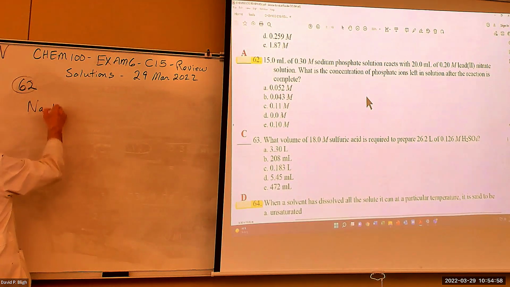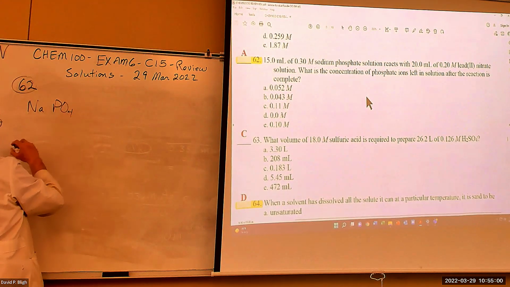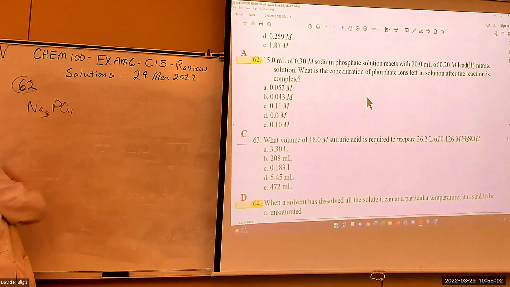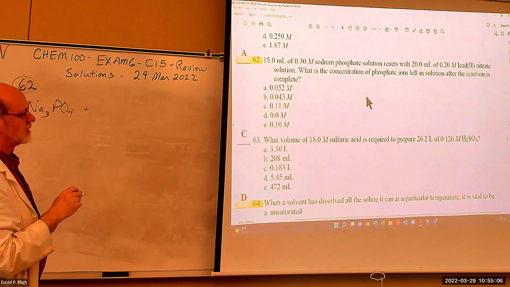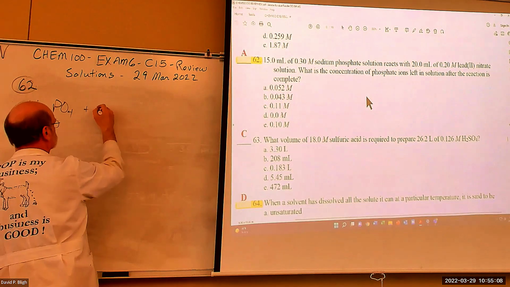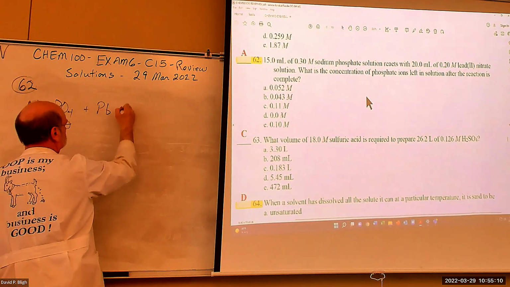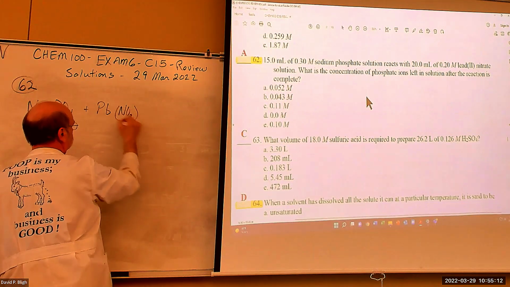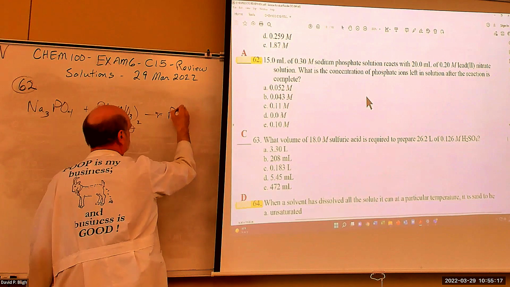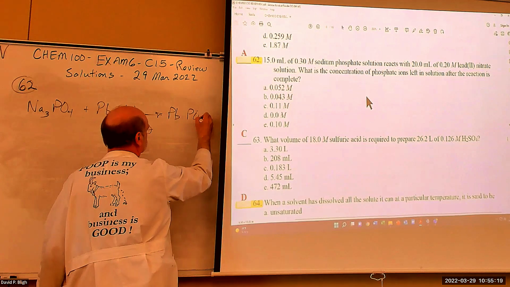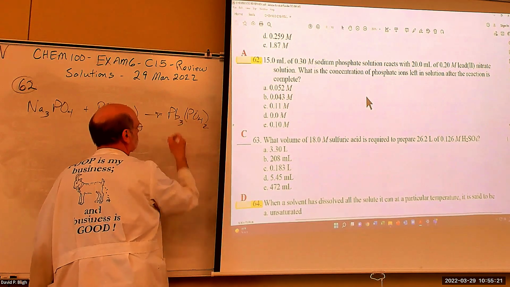So this is a word problem, which means you've got to write the compound correctly. That's in solution. And then lead 2 nitrate is also in solution. And then it yields lead 2 phosphate, which means 2 here and 3 there.